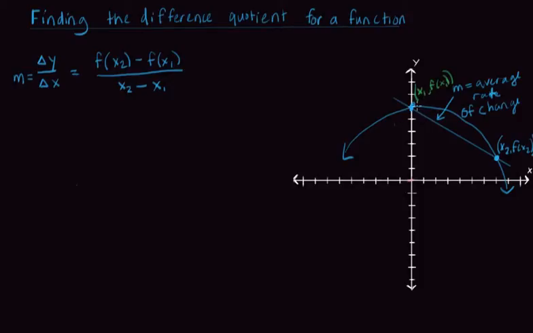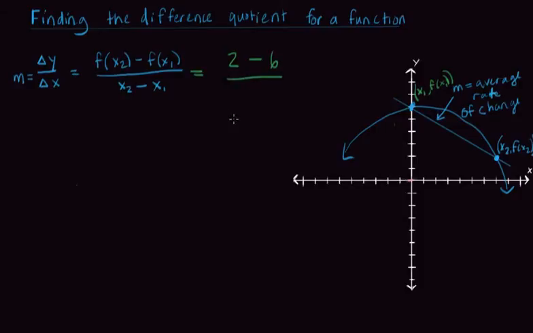Okay. So in this case, f of x2 is 2, right? That's the y value. So 2 minus f of x1, which is 1, 2, 3, 4, 5, 6.